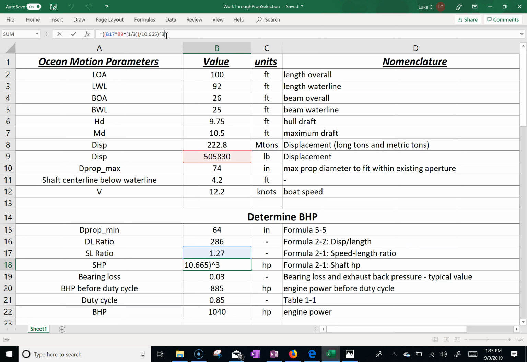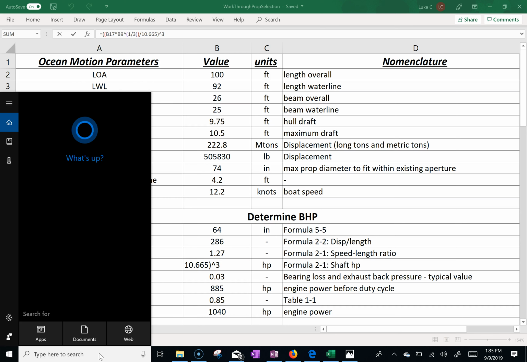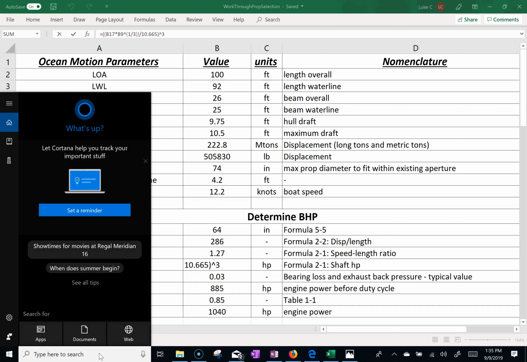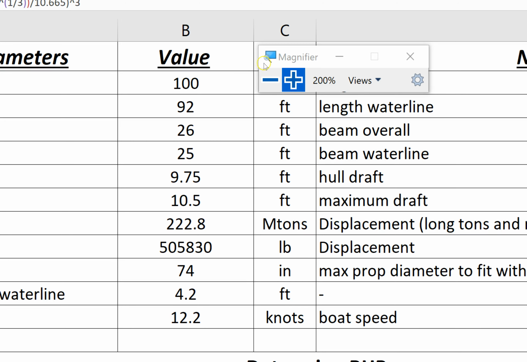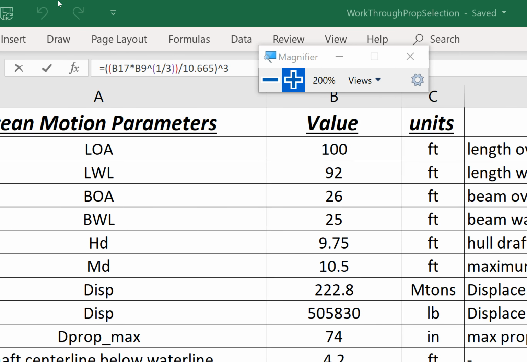This one is B17. So B17 times B9 raised to the 1/3, and then divide by 10.665. And it's from this formula here.